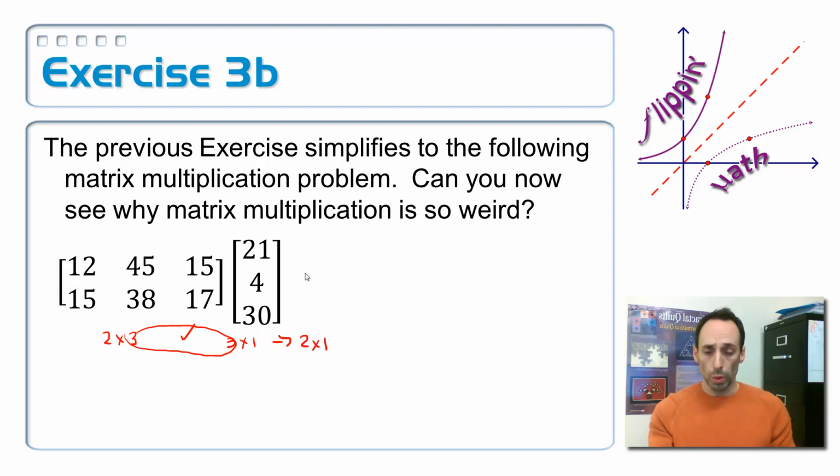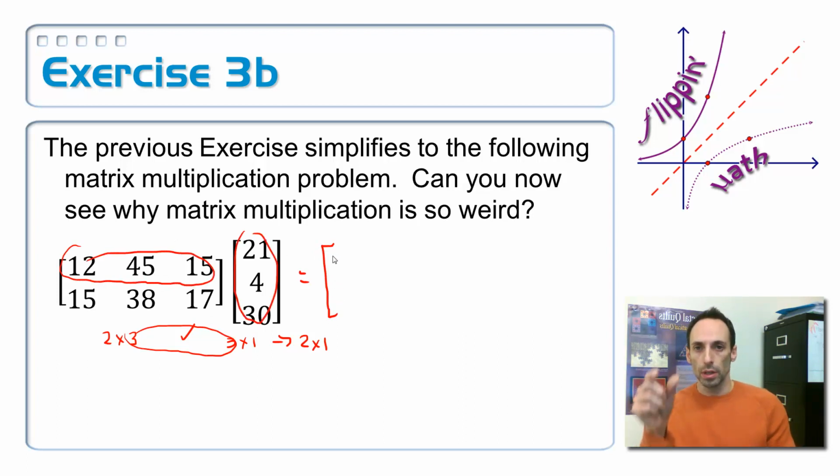All right, when I multiply two matrices together, I multiply a row times a column, right, and add up the entries. So I'm going to take the first row, all of this, and multiply it times the first column.